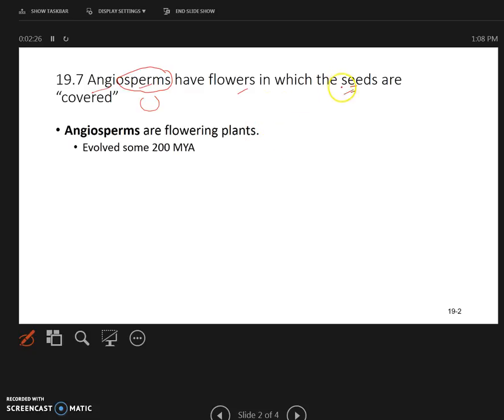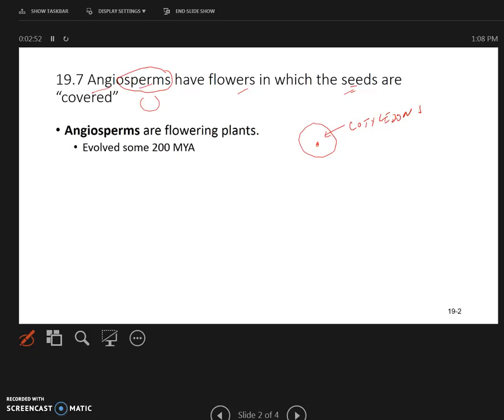Now, what's so special about their seeds too? So the seeds, remember, of course, have the usual embryo, right? So that is the young sporophyte. Then they have the seed coat, but they have something also apart from the embryo, and they have something called the cotyledons.